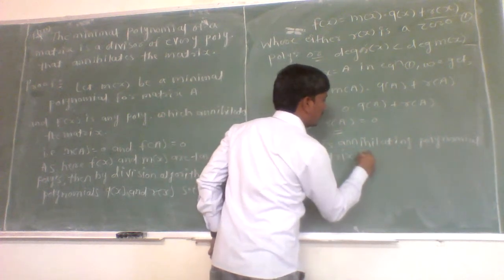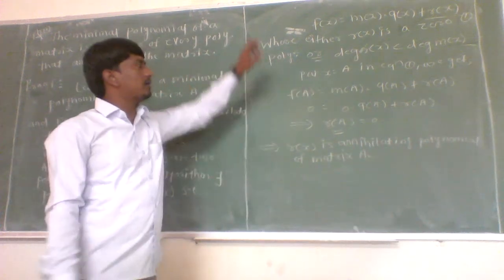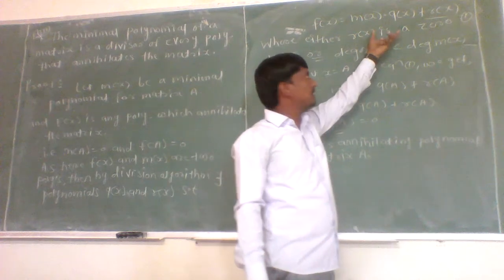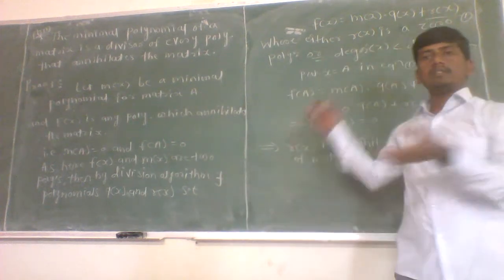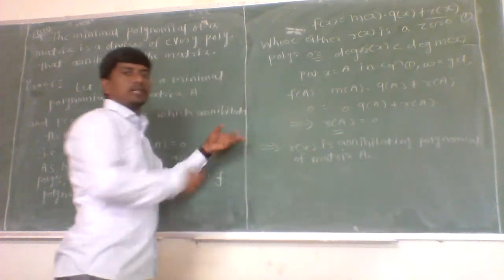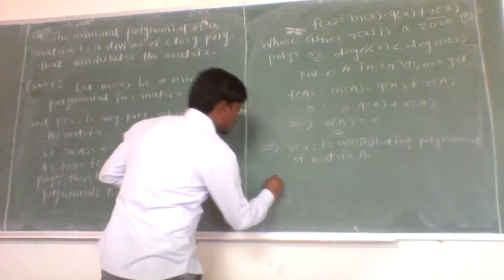Okay. Now there are two possibilities for the polynomial r of x: either r of x is a zero polynomial or it is a non-zero polynomial. If possible, suppose that r of x is a non-zero polynomial.